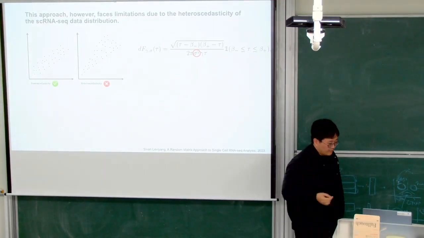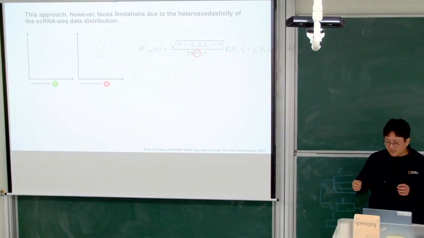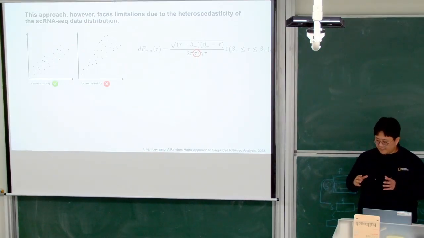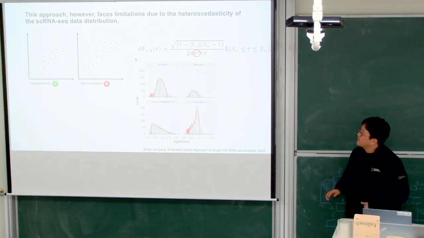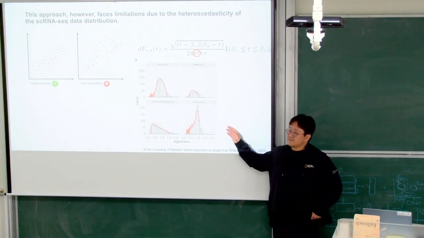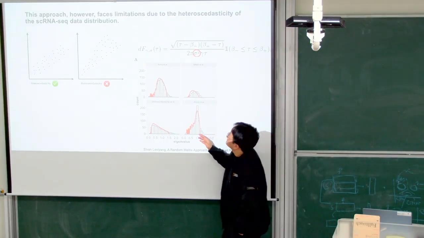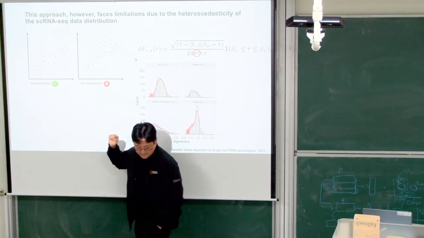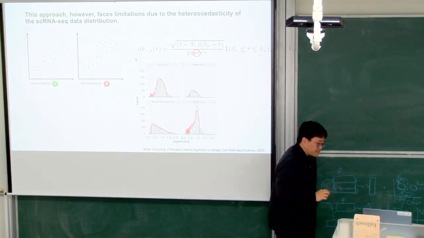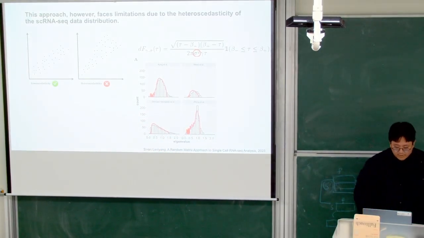So if you try to fit the eigenvalue distribution to this model, then you're going to fail, because the data distribution is heteroscedastic. So what can you do then?